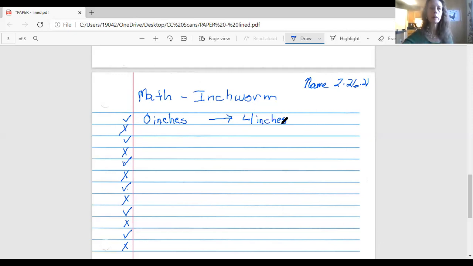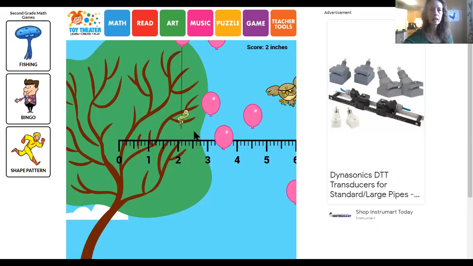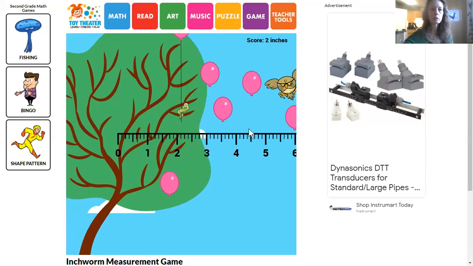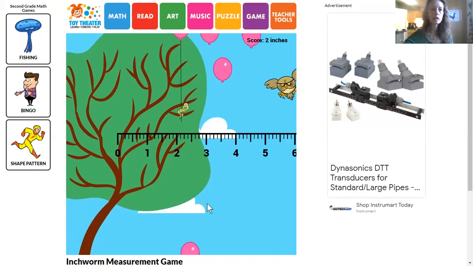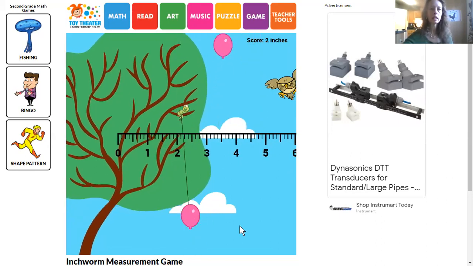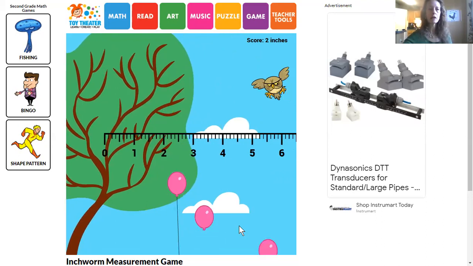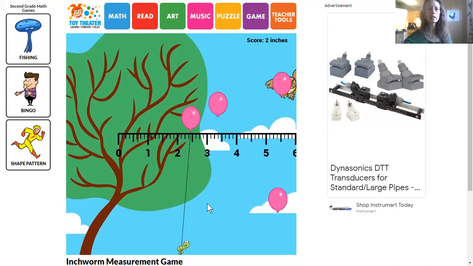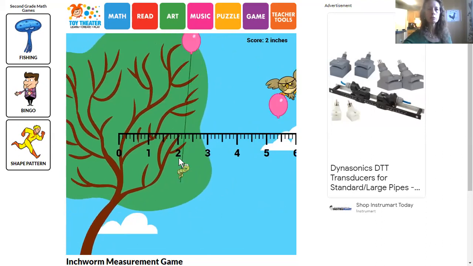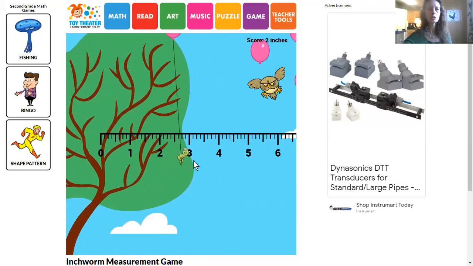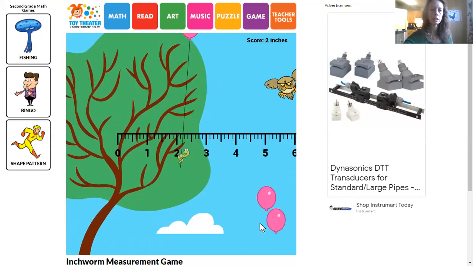And now let's go back to my inchworm. Here he is. We left him just hanging on that tree. And now let's get another balloon. And let's try this one. And there he goes. He goes down. And he's not swinging very far on that one, is he? He's going from 2 inches to 3 inches on that one.